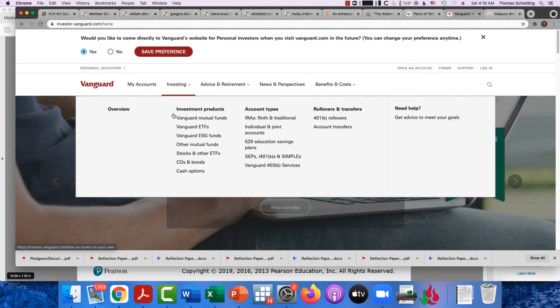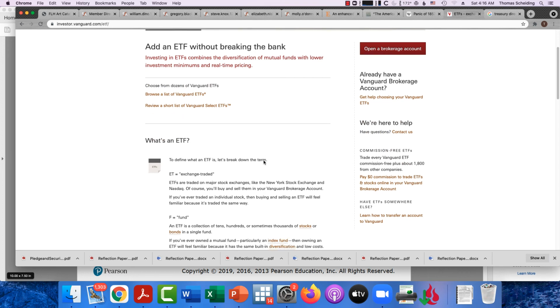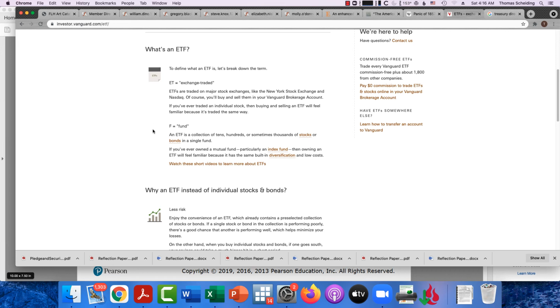Vanguard is known most for its exchange traded funds, which we'll talk about what they are in a bit. But the basics of an exchange traded fund is that they are incredibly cheap because you really don't need any special knowledge to create an exchange traded fund.